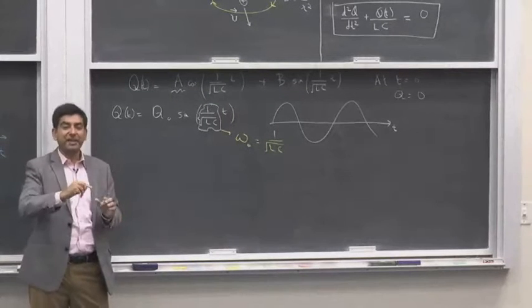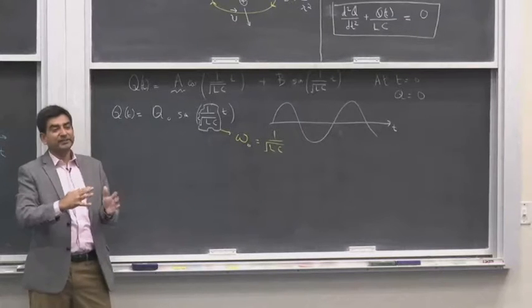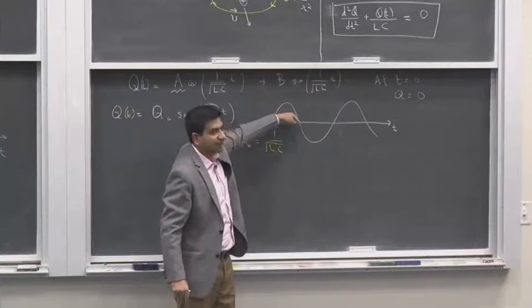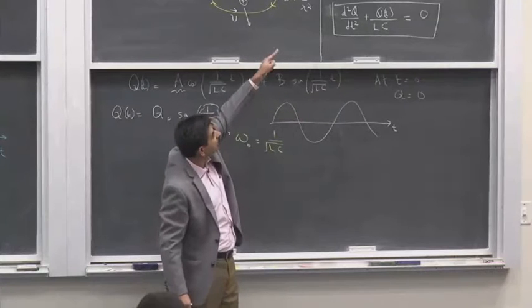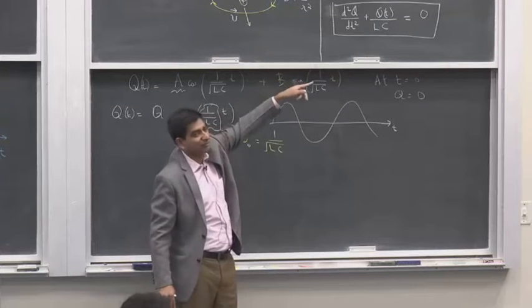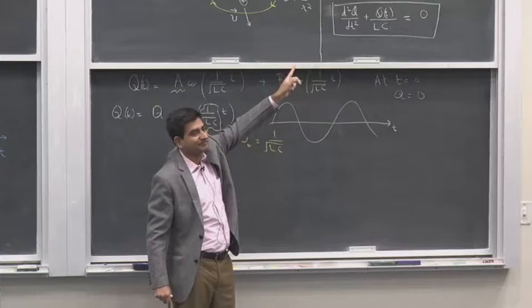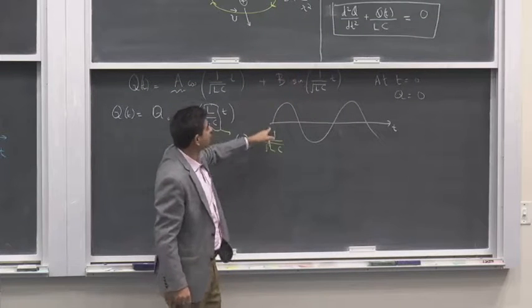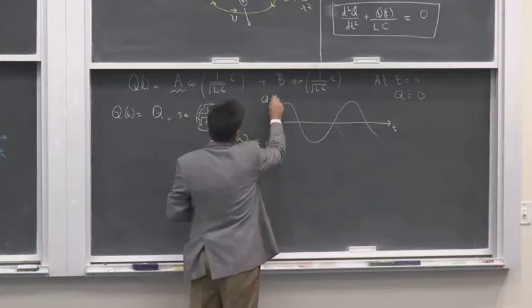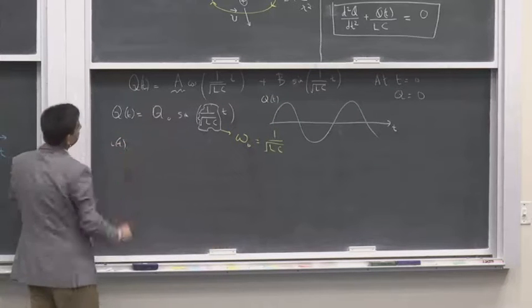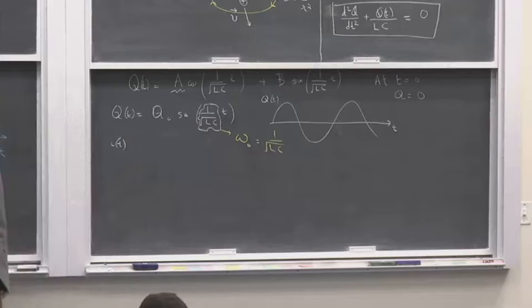Now the charge is building upon this capacitor. Here it's 0, it builds upon the capacitor, then it drops. Where does that charge go? That charge creates an EMF across the inductor. Okay, so this is the charge versus time. What about the current versus time? The current versus time is just going to be the derivative of this.